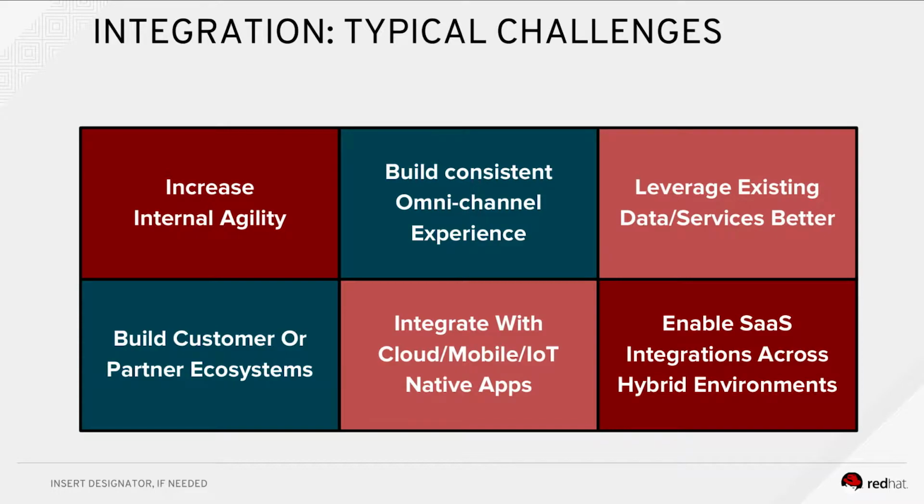And the one that I often find the service bus really has a hard time doing is to enable SaaS and integration across hybrid clouds, because the traditional enterprise service bus, and I stress enterprise service bus, was meant to do things on-prem, right, within the data center.